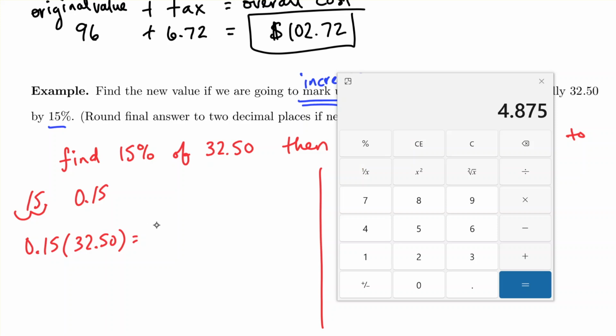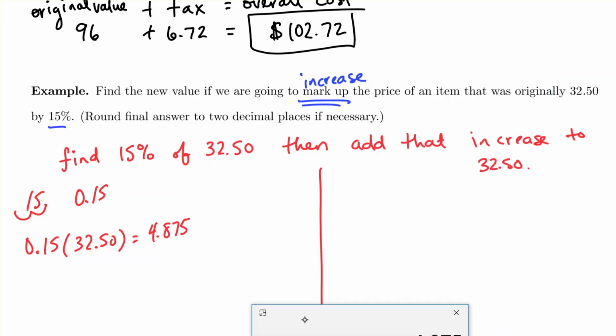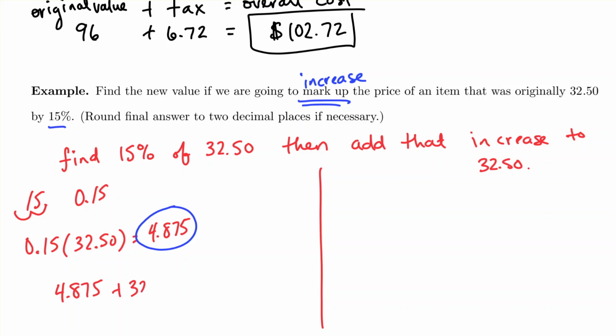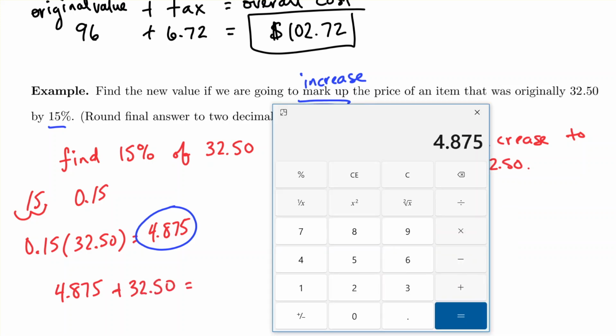And we get 4.875. Now that's the increase amount. That's our increase. So then we want to add that to the original. So we get 4.875 plus 32.50, and that will be our new price. And we get 37.375.